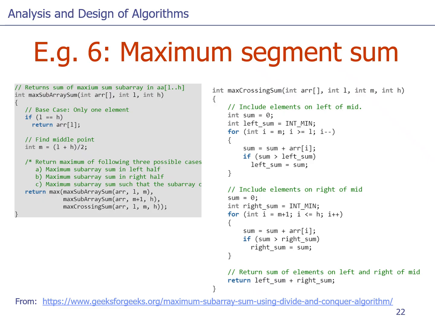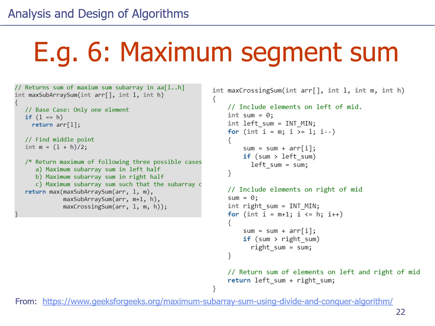So max subarray sum is not actually doing anything. If you look back up, I'm just passing it different indices, low and high. Otherwise, it's not doing anything useful. It's not really looking for anything. It's not computing any maximum. Who's doing all the work? It's max crossing sum.